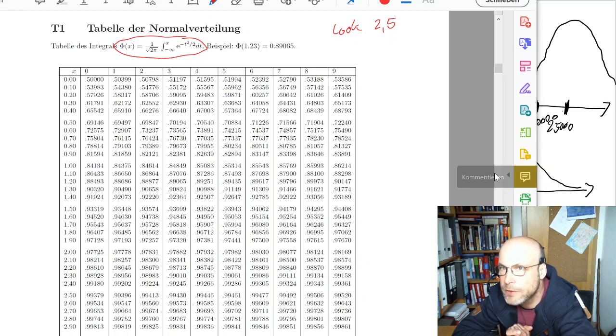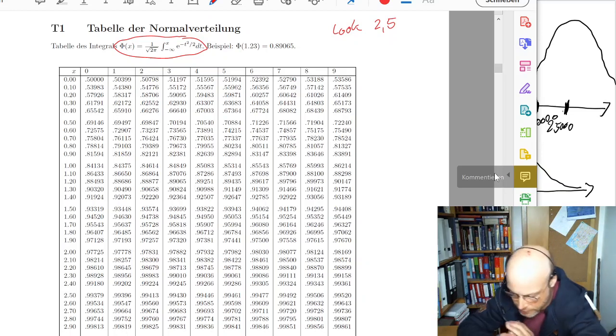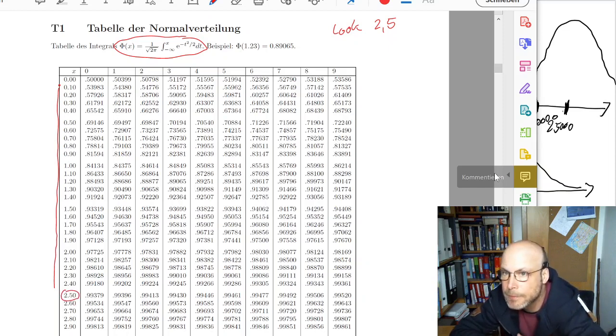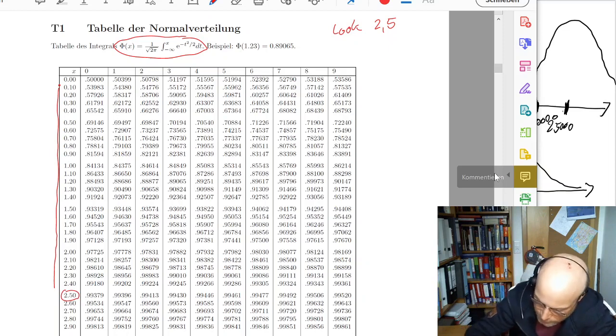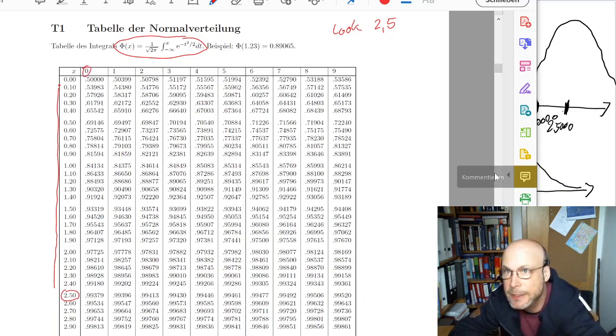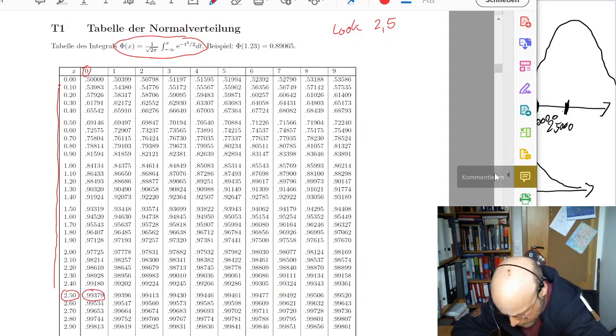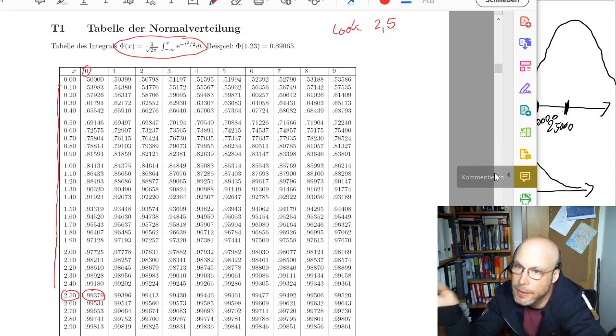We go down here, and here we have 2.5. We don't have 2.53, but we have 2.500, so the second digit is the 0 here, and we end up with 0.99379.